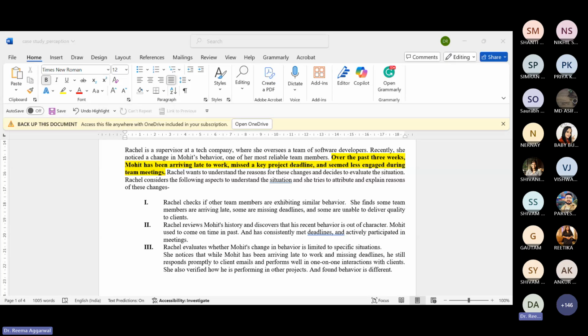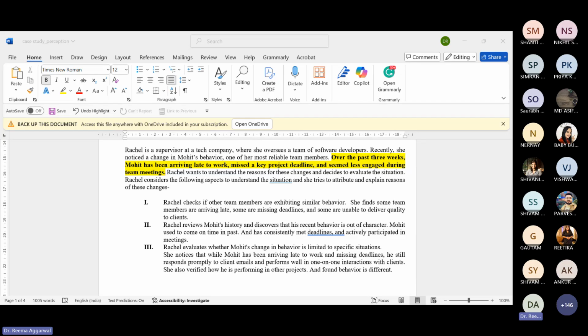But if she feels that Mohit's behavior is attributed to an external factor, अगर उसे ऐसा लगता है कि उसके clients अच्छे हैं, अलग अलग situations में he is going good, but just when it comes to delivering at work, recently he is not able to do well and it is because of some external factor, then she won't decide not to promote him or not to give more bonus to Mohit.